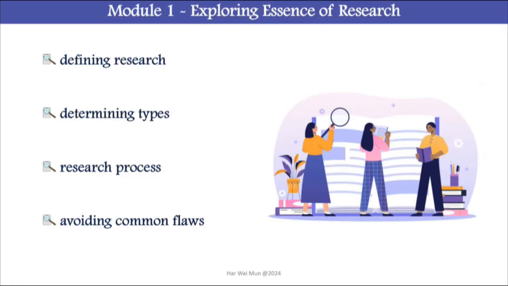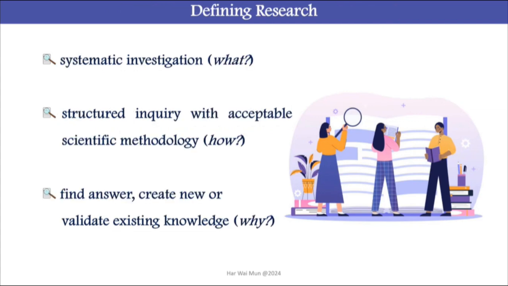Right? First, research, as mentioned just now, is scientific. Defining research: research is a systematic investigation. We ask ourselves what is the determinant of this one. Systematic here is very important because you need to have a procedure, right?